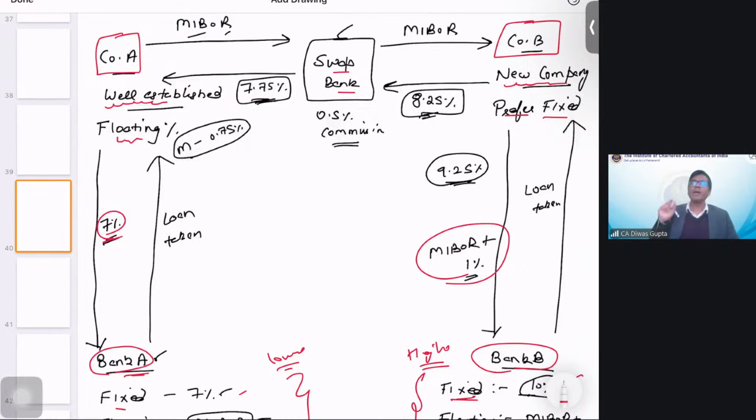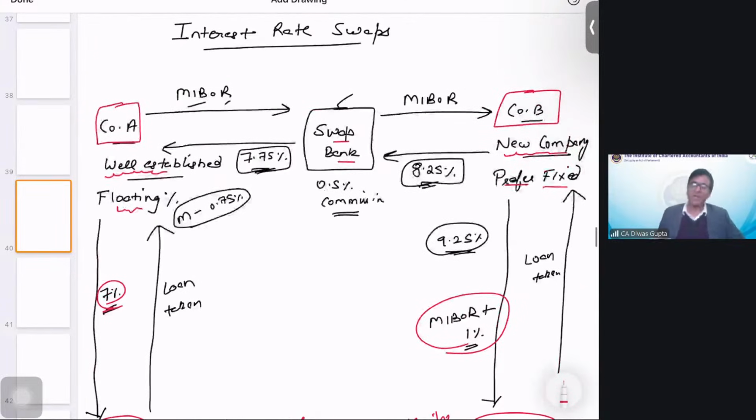Now, Company A and Company B tell the swap bank, but what about our preferences? Company A says that I have a preference to borrow in floating. So the swap bank says, okay, you do a swap with me wherein you pay me MIBOR. We will come to how they have arrived at the calculation, students, but just stick to the discussion as of now.